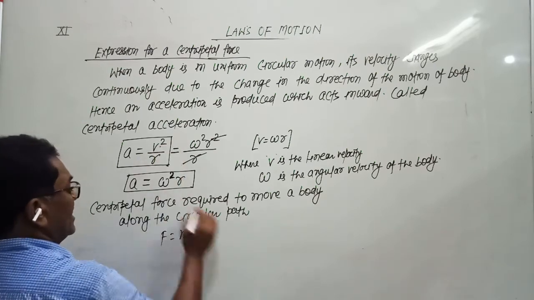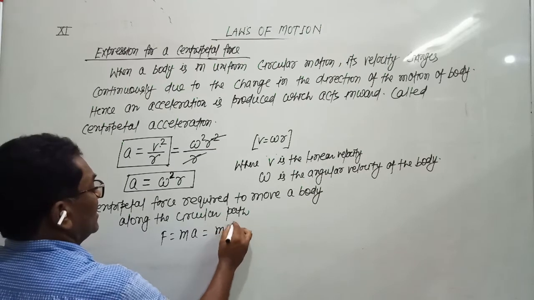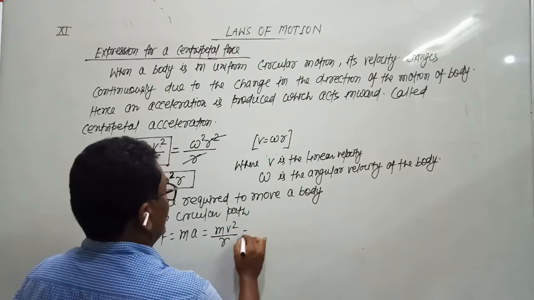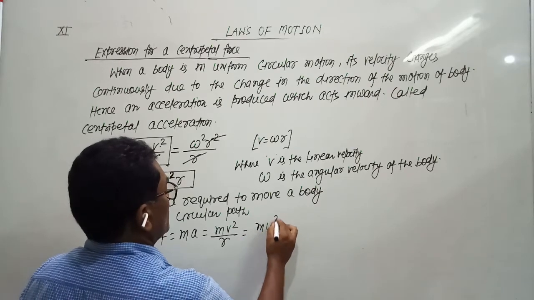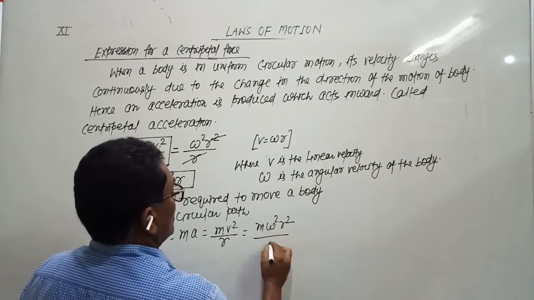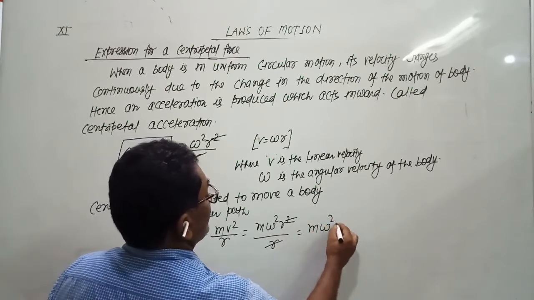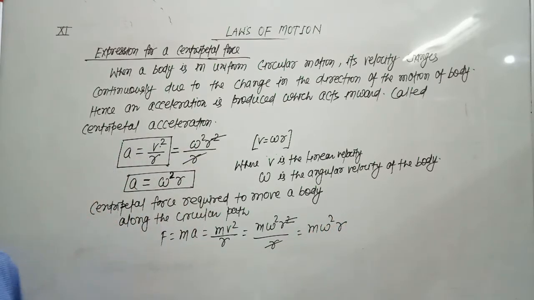The value of a in terms of v is v square by r, and v is also written as omega r. So F equals m omega square r square upon r, which is m omega square r.